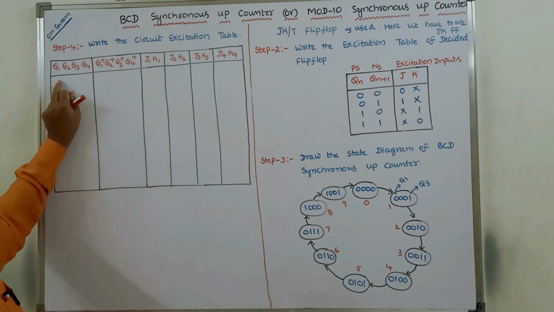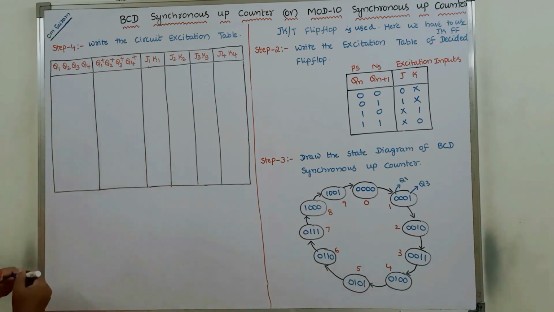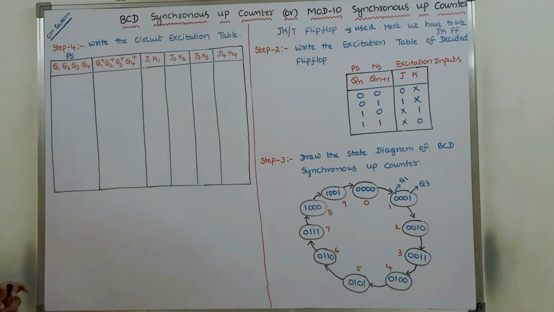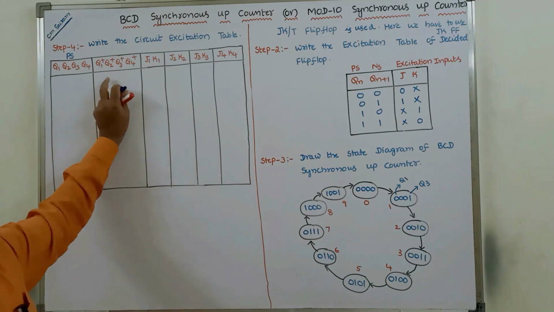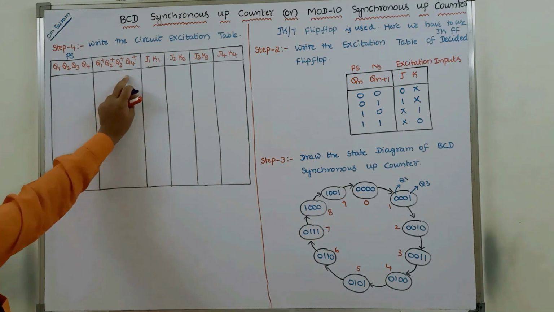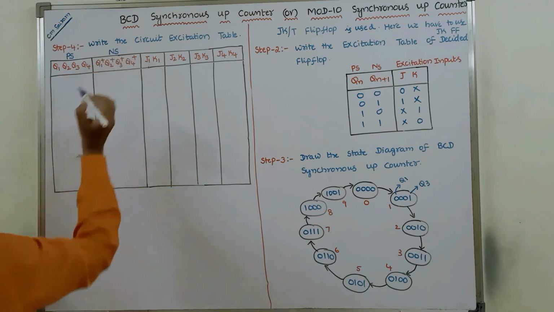The first column contains the 4 bits Q1, Q2, Q3, Q4, which are called present state bits. The second column contains Q1 plus, Q2 plus, Q3 plus, Q4 plus, which are called next state bits.